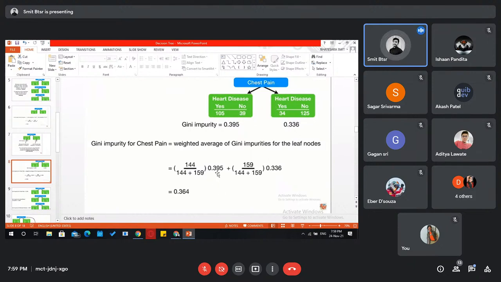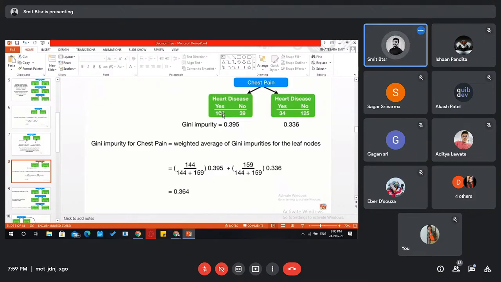This is the formula again: the total number of people who have chest pain multiplied by its Gini impurity, plus the total number of people who do not have chest pain multiplied by its Gini impurity. This is a simple formula, you can write it down as well. Each is the number of people divided by all the patients.